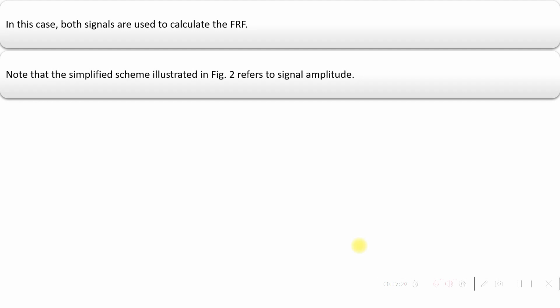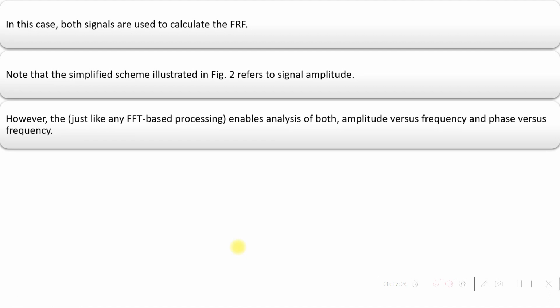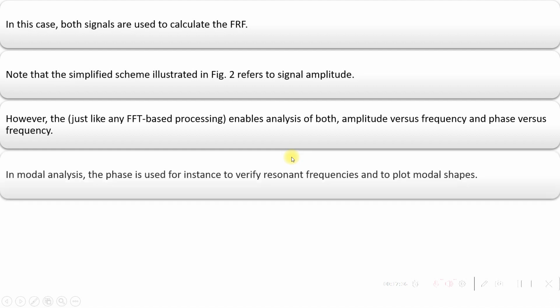Note that the simplified scheme illustrated in figure 2 refers to signal amplitude. However, just like any FFT based processing, it enables analysis of both amplitude versus frequency and phase versus frequency. In modal analysis, the phase is used for instance to verify resonant frequencies and to plot the modal shapes.